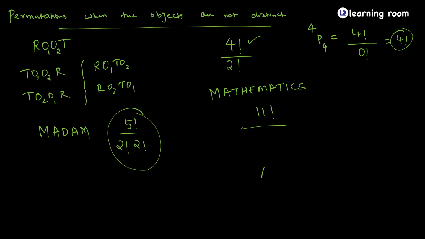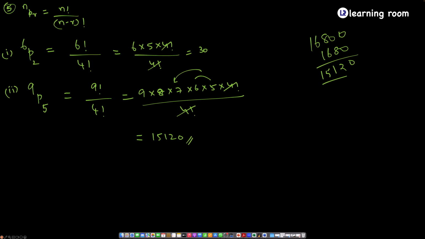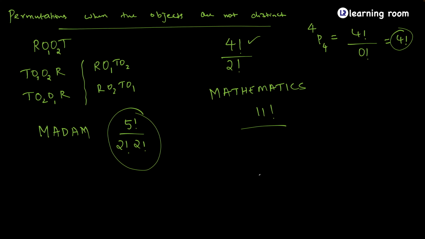Here a is coming twice, so 2 factorial, m is coming twice, so 2 factorial, t is coming twice, so 2 factorial. Anything else? That's it. So 11 factorial divided by 2 factorial into 2 factorial into 2 factorial. So that will be the answer.